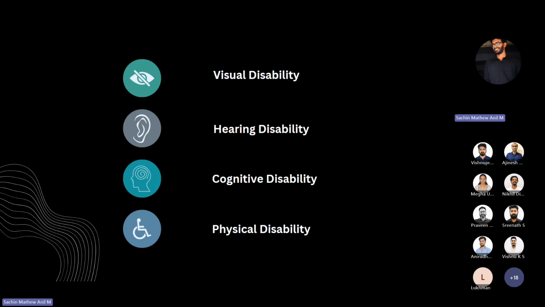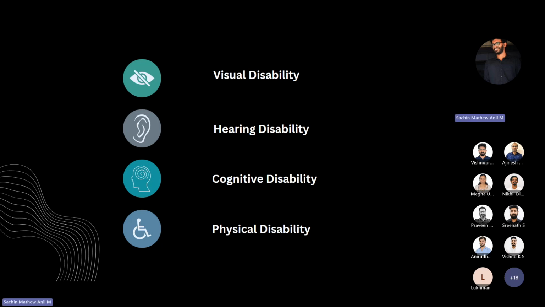When coming to hearing disability, it refers to a reduced ability to hear sounds. It can range from mild to severe and may affect one or both ears. People with hearing disabilities may have difficulty hearing certain frequencies and understanding speech, even with the use of hearing aids and implants. Coming to cognitive disability, it refers to conditions that affect a person's ability to process information, learn new things, and perform tasks that require mental skills.